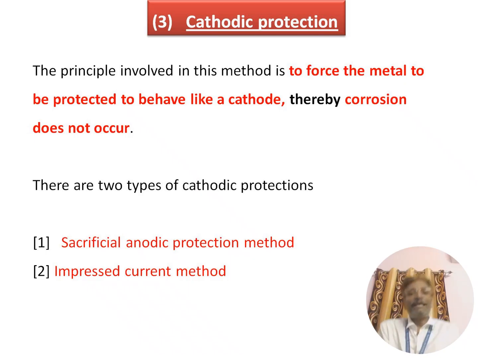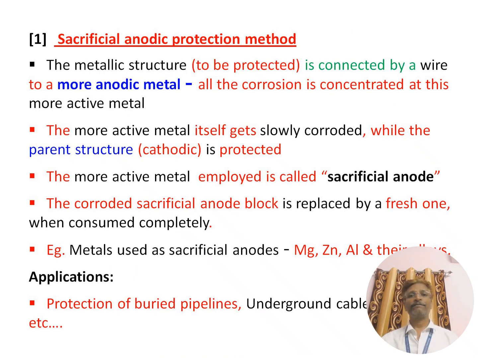This can be achieved in two different ways. One is the sacrificial anodic protection method, and the other is the impressed current method. Let us see one by one. Sacrificial anodic protection means the metal which you want to protect is connected by a wire to a more anodic metal.